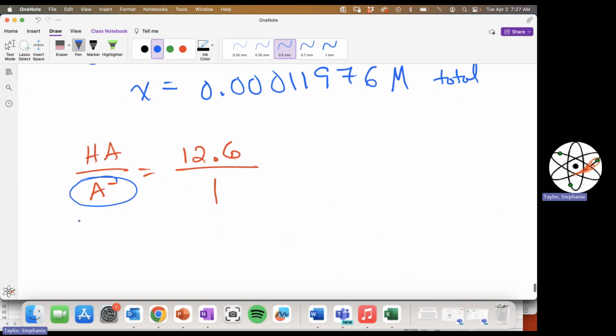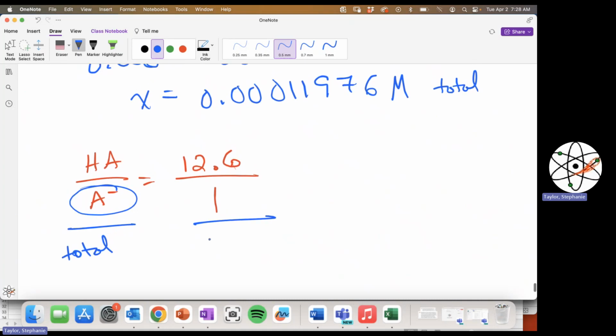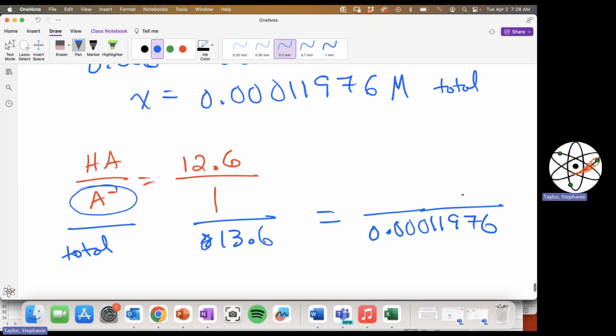That means my total for all of this should be 13.6, right? 12.6 plus 1 is 13.6. And that should be equal to my total, 0.1231196, divided by the thing I'm looking for, x.